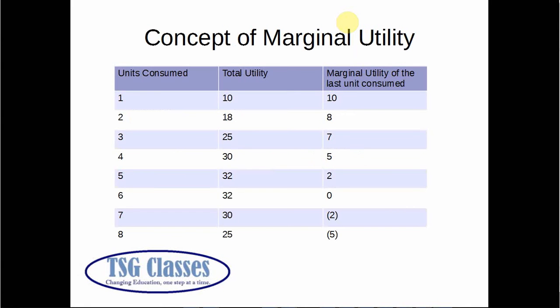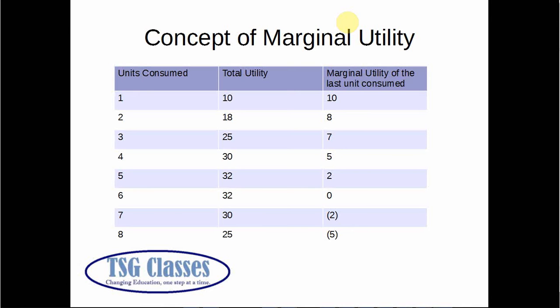The concept of marginal utility you can understand through this table, where the units consumed are given in the first column. The total utility is, of course, the sum of all marginal utilities.